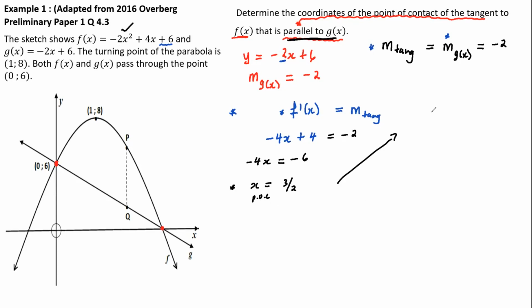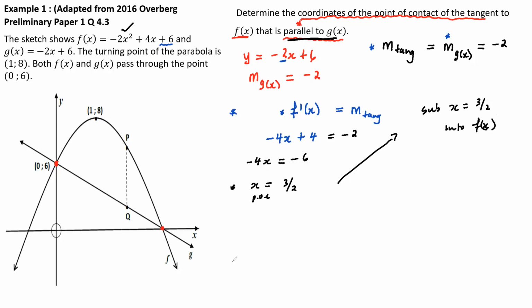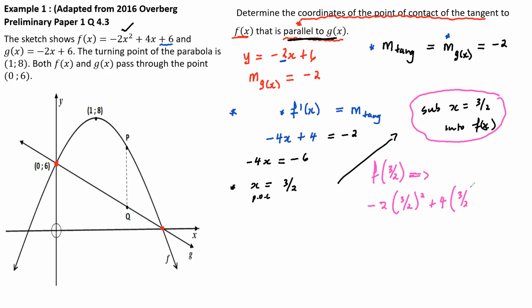So we're going to substitute x is equal to 3/2 into f of x. Very important, so that I can find the coordinates of the point of contact. So in other words, I'm saying f of 3/2. I put f of 3/2 equals -2 times (3/2) squared, plus 4 times (3/2), plus 6.